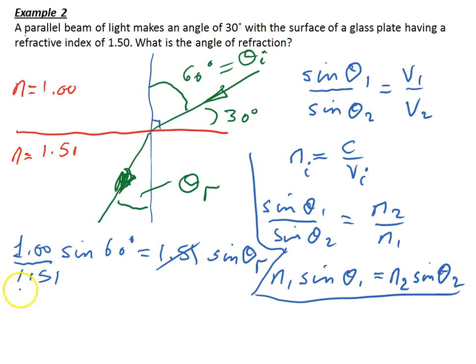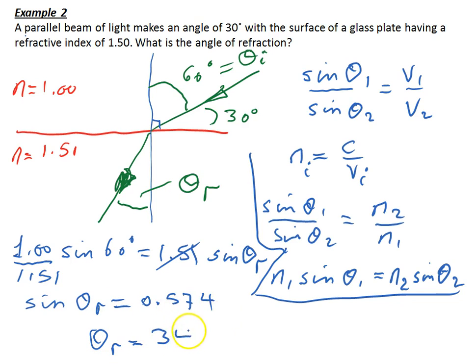So sine of theta r is equal to, just from the calculation, 0.574, and taking inverse sine, we find that theta r is equal to 34.99 degrees, which to three significant figures is 35.0 degrees.